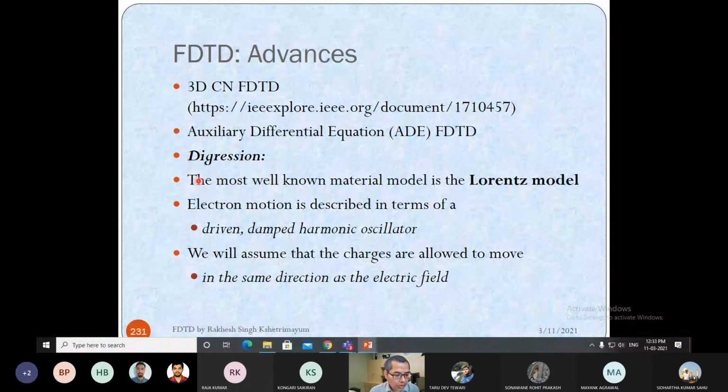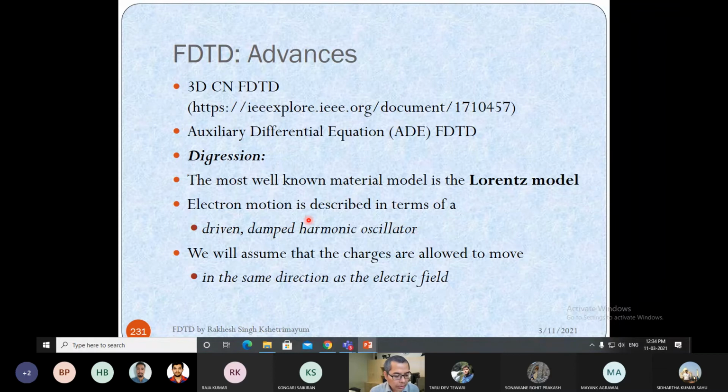The most generally used material model is the Lorentz model. Lorentz model is the most general model. From there you can take particular cases like Debye or all those kinds of models later on. So in the Lorentz model of the material, your electron motion is described in terms of a driven damped harmonic oscillator.